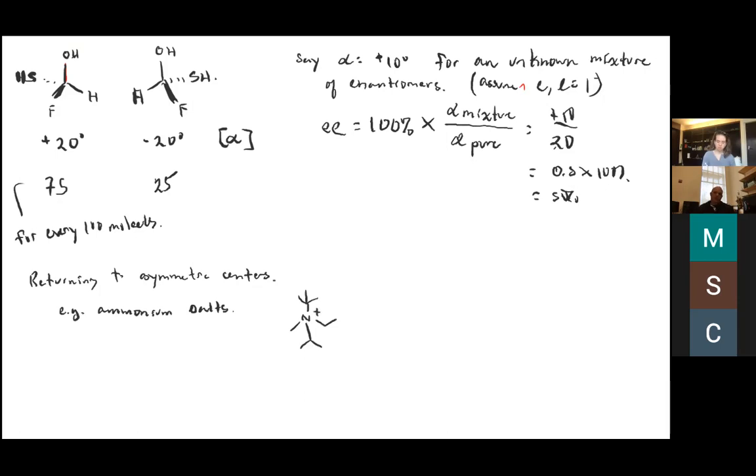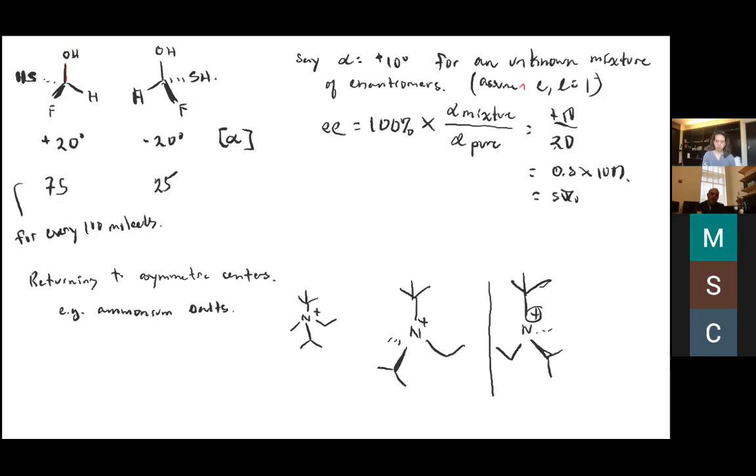Suppose I had this ammonium salt with 4 carbon ligands attached to it. If I draw this in space, and I'm just placing the substituents in arbitrary locations, it would look something like that. And I can, of course, draw an enantiomer for this molecule, like that.